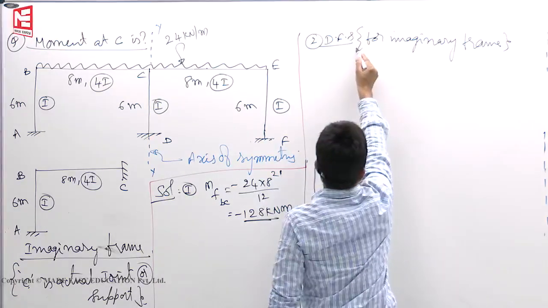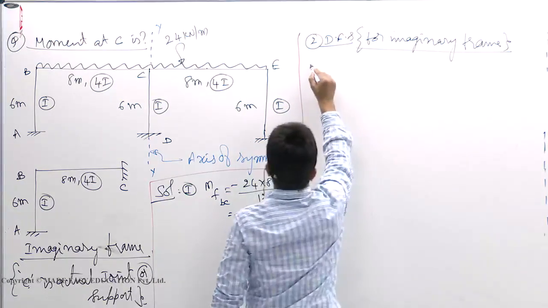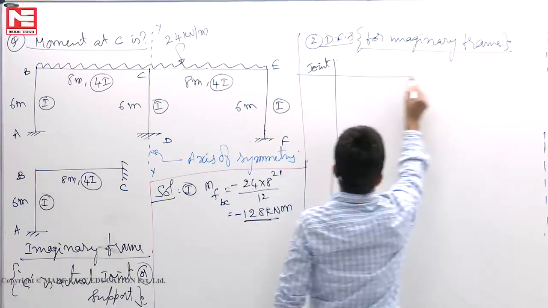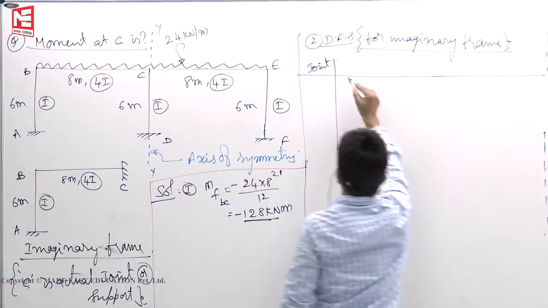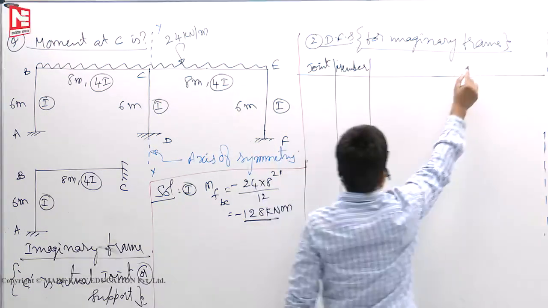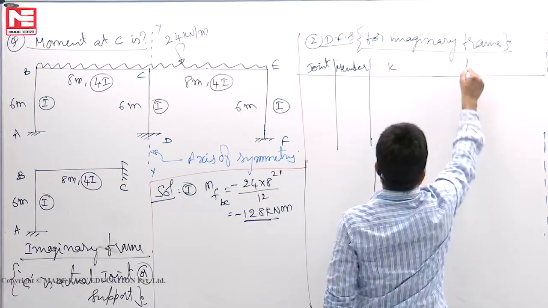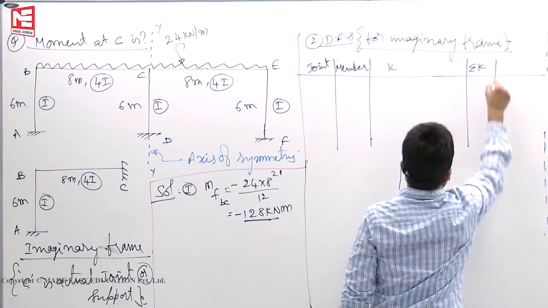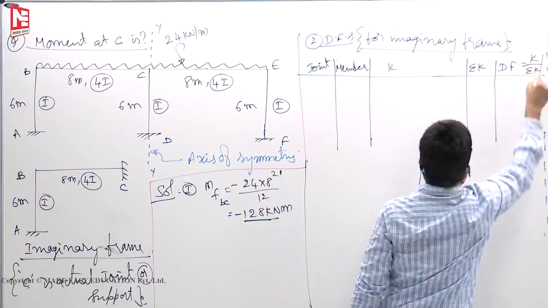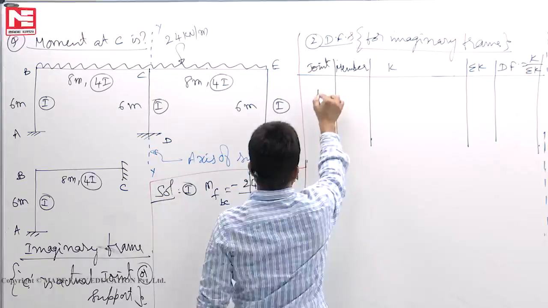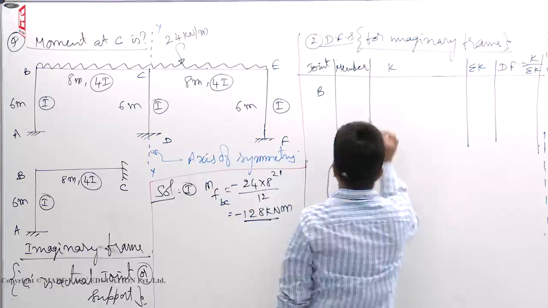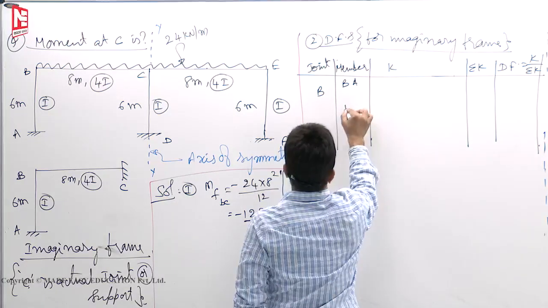Okay. So for the imaginary frame, joint, member, K, then sigma K, and distribution factors are K by sigma K, like this. Only one joint you have to take. No question of two joints because that much time you will not get. BA, BC.